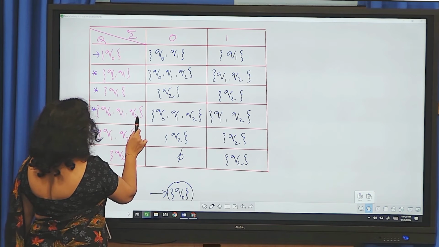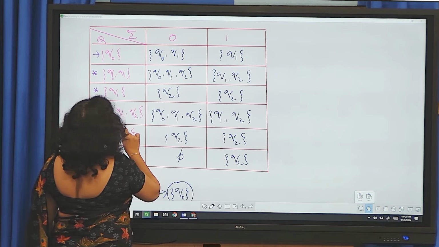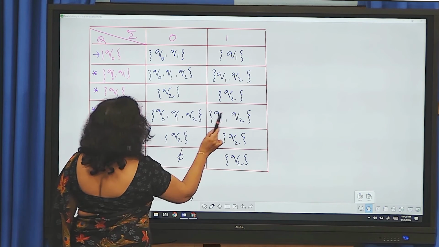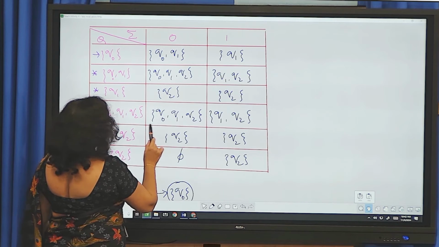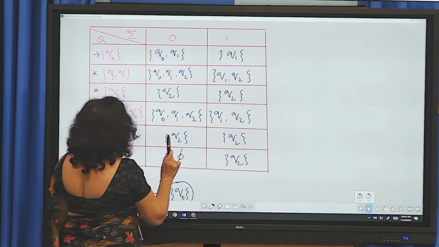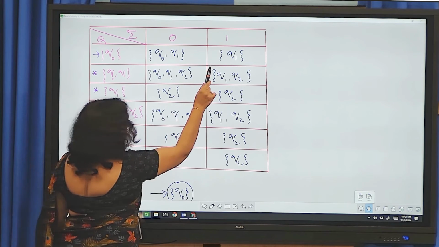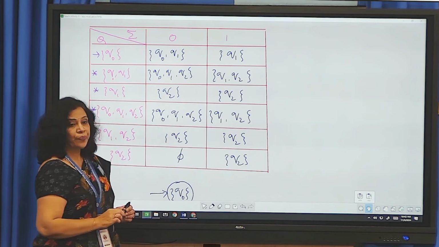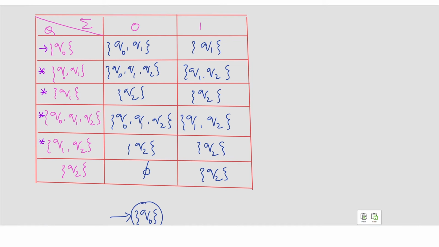Q0 Q1 Q2 on 0 is Q0 Q1 Q2, on 1 is Q1 Q2. Q1 Q2 on 0 is Q2, on 1 is Q2. Q2 on 0 is phi, Q2 on 1 is Q2. And we know the start state is Q0.